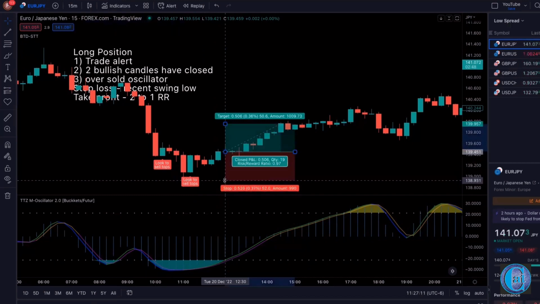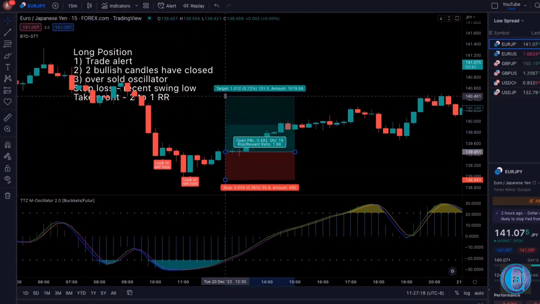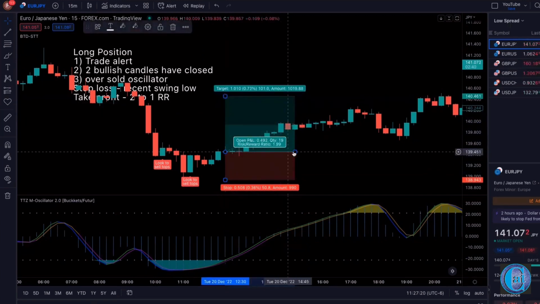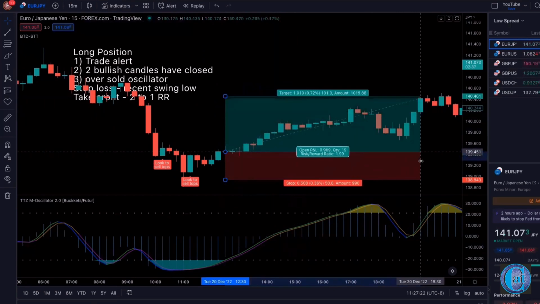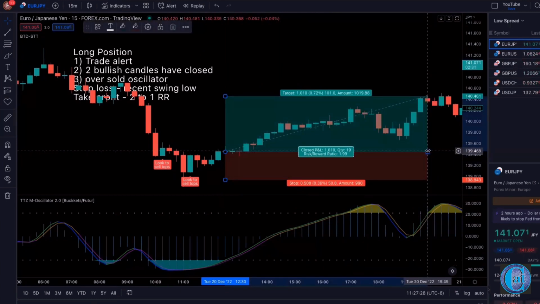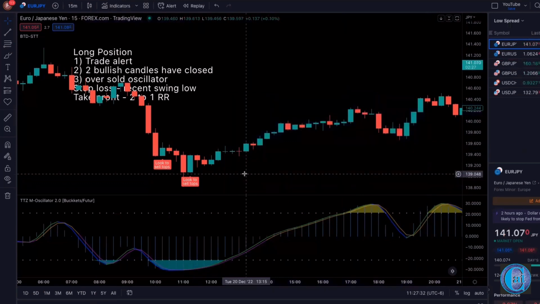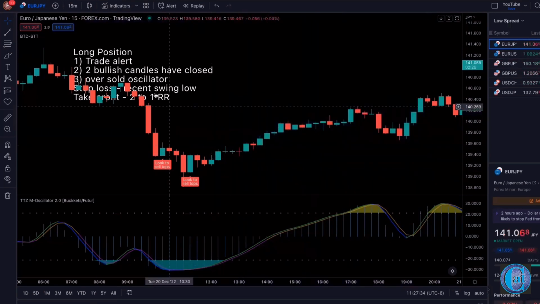Recent swing low right here. Do a 2-to-1 risk to reward. And it would hit right there, right? Technically, it would hit right there. So that's an example of a bullish trade.